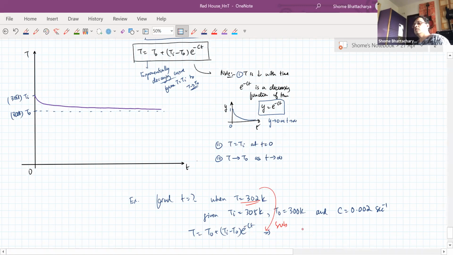So we'll get 302 is equal to 300 plus 5 into e raised to the power minus 0.002 t, where t is in seconds.